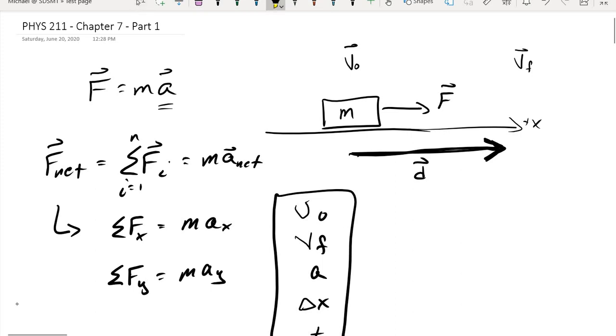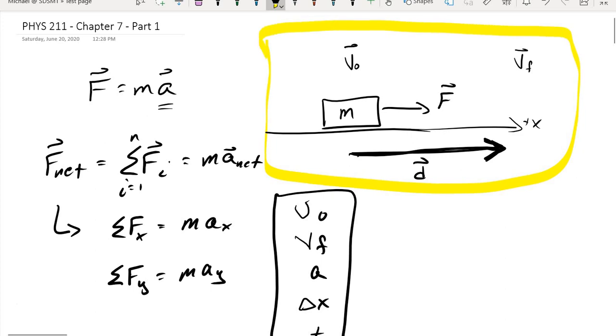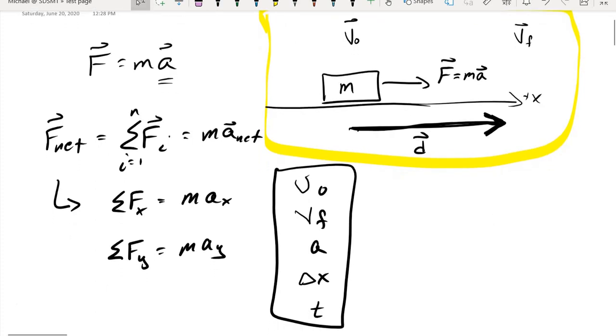So up here I have a diagram that shows a mass with a force applied to it. And inside that force expression is hiding the acceleration term. As we apply that force over a certain displacement d, the mass will change its velocity from some initial value to a final value.